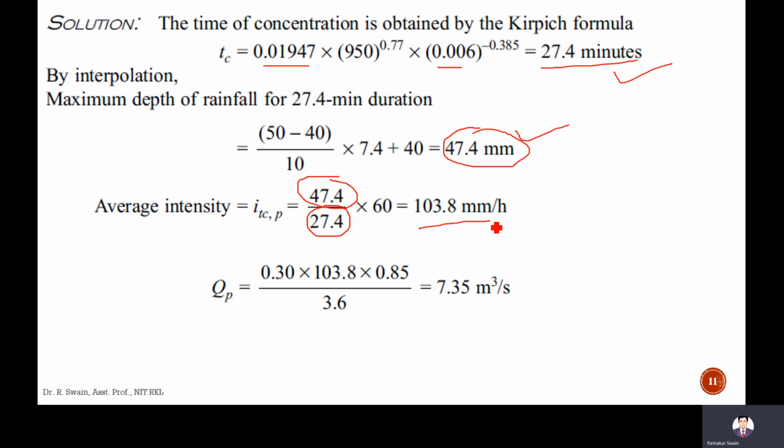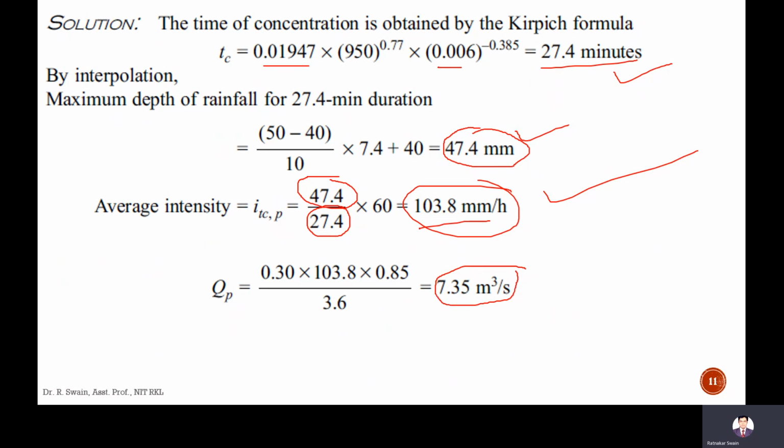Since it is in minutes, it should be multiplied by 60, so it gives 103.8 mm per hour. Now that we have I, we can determine QP equals C times I times A divided by 3.6, which gives 7.35 cubic meters per second.